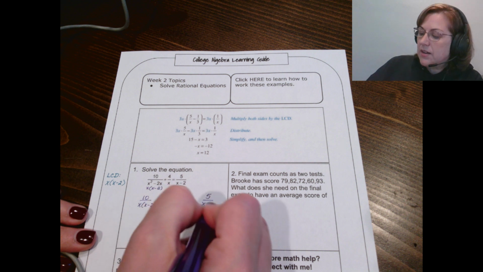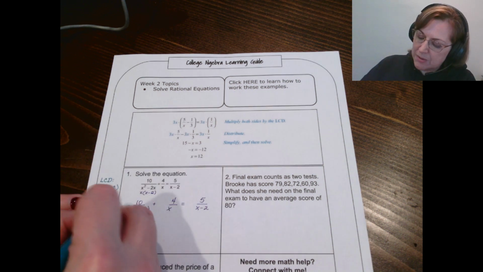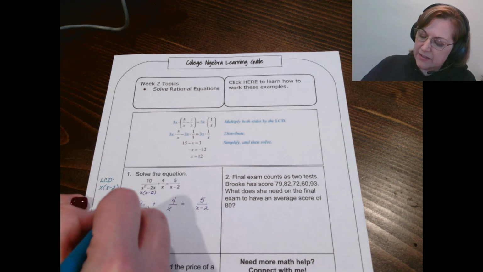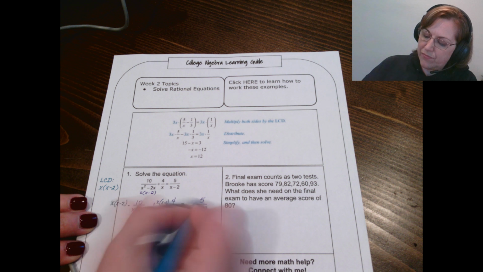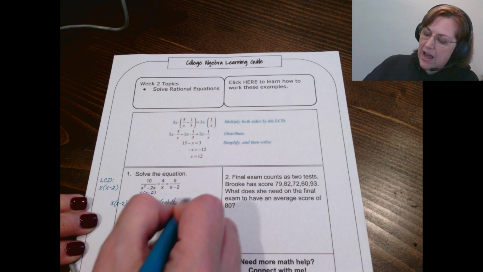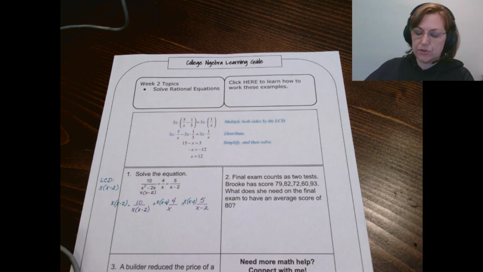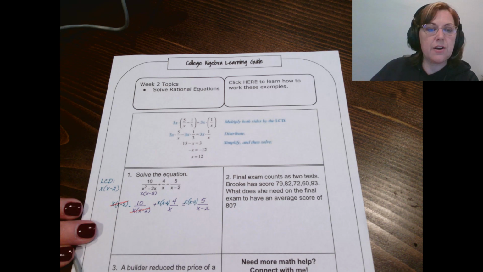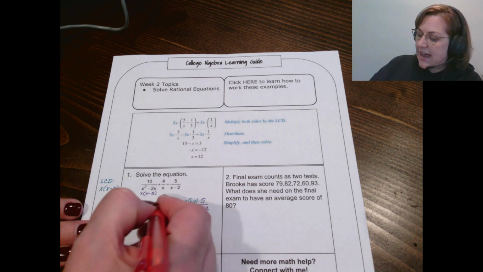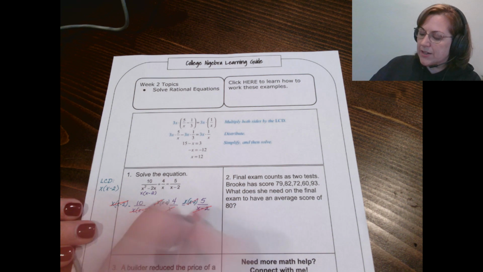So there's my terms. And so now what I'm going to do is multiply by the least common denominator. I'm going to go ahead and mark through what cancels. So you'll notice here on this one that both terms cancel there. Then I see an x cancels here and here, and I see an x minus 2 cancels there and there.